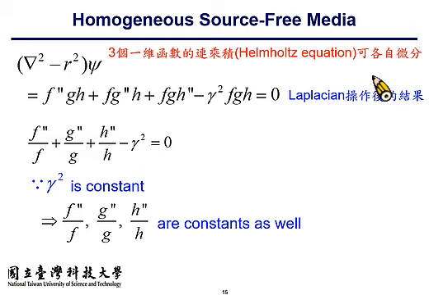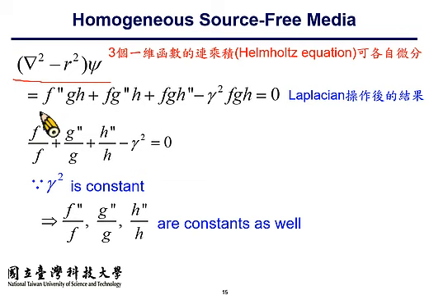dealt with separately. I mean, they can take in their Laplacian operation by itself. So the wave equation, the Helmholtz equation of the three-dimensional equation phi, can be separated as f double prime.